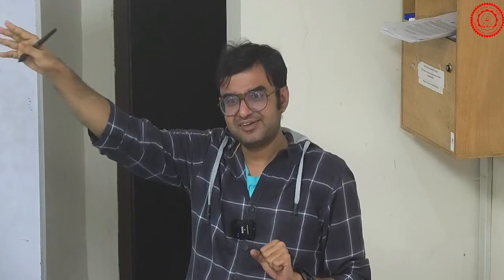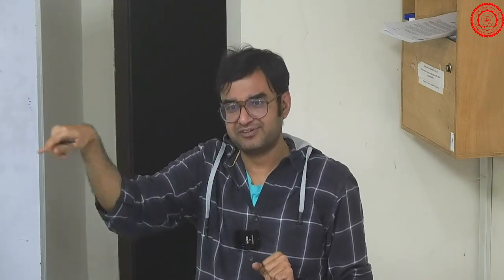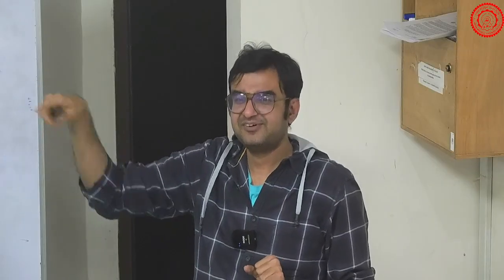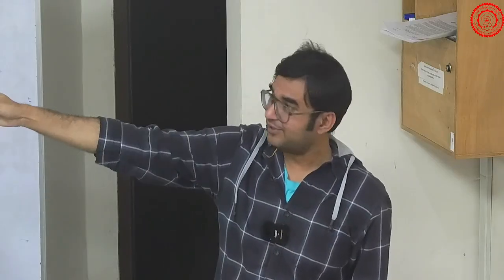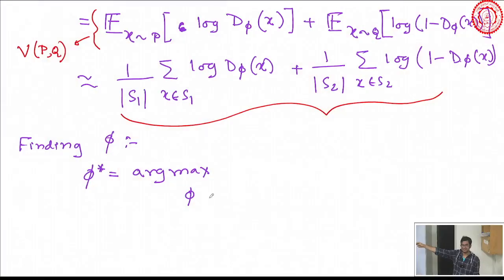So nh is number of heads, which means how many times you can get from the first set. Nt is from the second set. So it is like integration of fx gx dx. In this case, it is not integration, it is summation. So that's what it is. Okay, and that will become even more clear when you go to the approximate expression. What is the approximate expression saying?